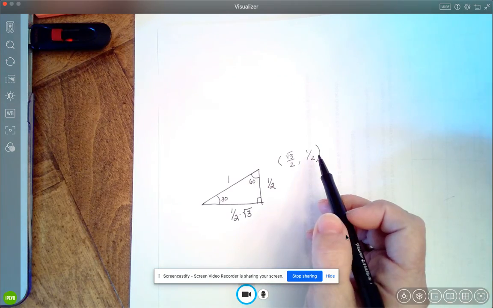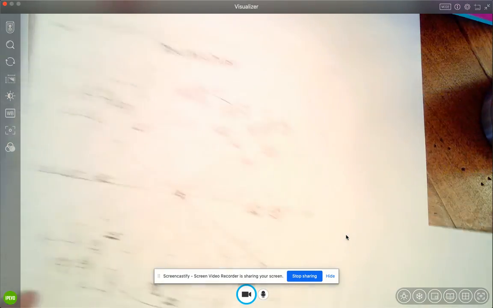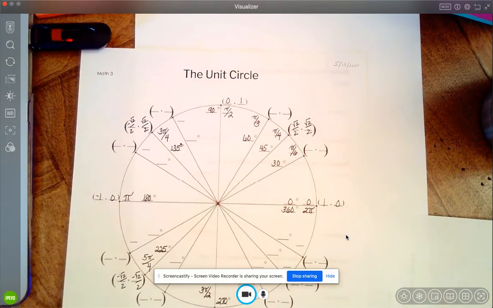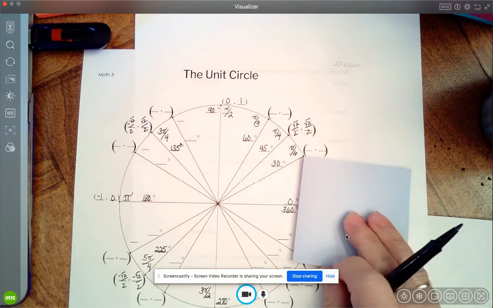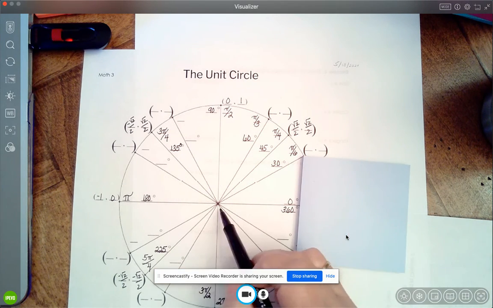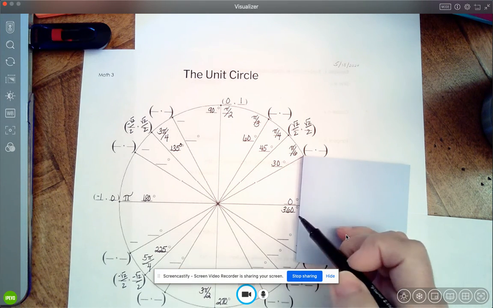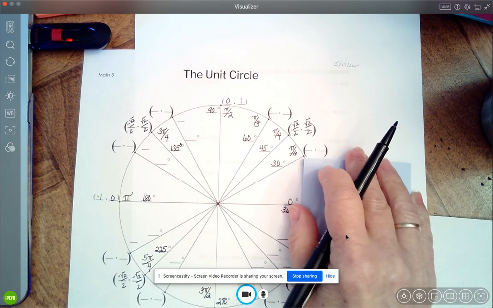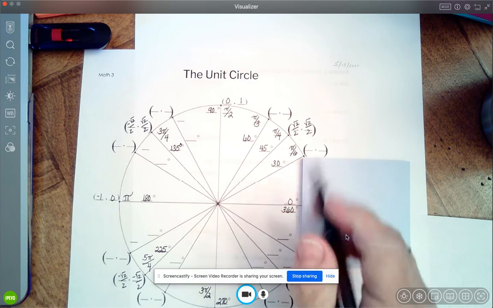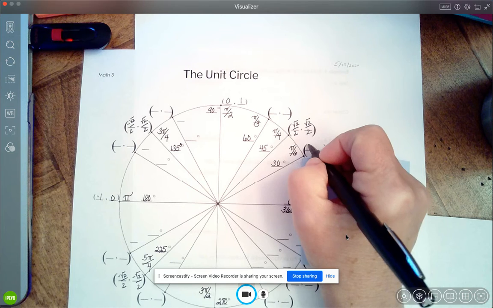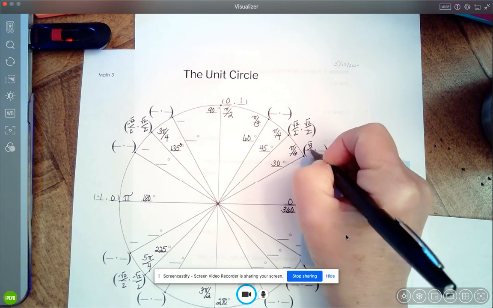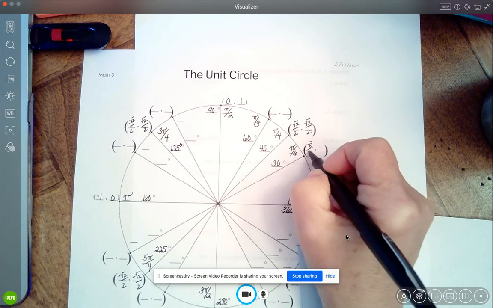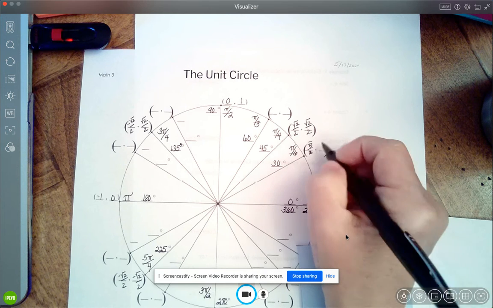So over here on my 30-degree angle, here's my 30-degree angle down here. This one's my 60. So on the x value, I have come over the square root of 3 over 2, and I've gone up 1/2.